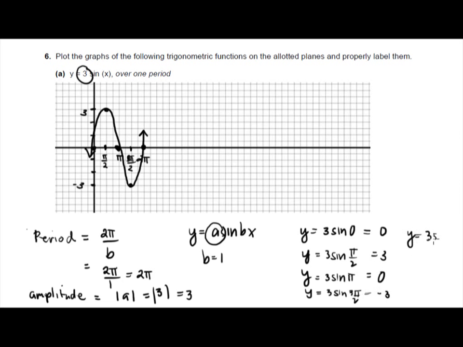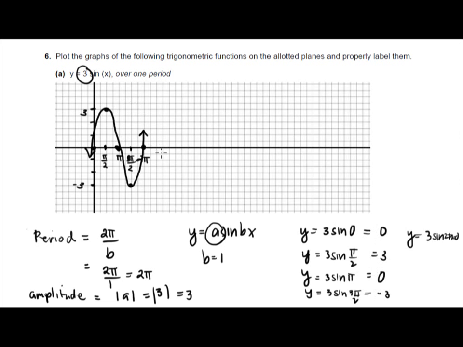And y equals 3 sine of 2 pi, it will give you 0. But again, the key here is if you know the pattern of the graph, especially for sine, cosine, and tangent, so you just remember the pattern, and then sine always starts at 0. But the reason for that is when you put the angles one by one, these numbers will come out. Hence, you have these points on the graph.